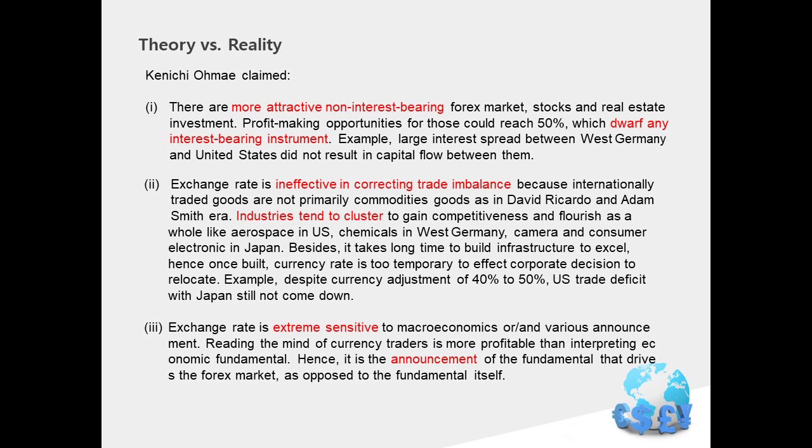2. Exchange rate is ineffective in correcting trade imbalance, because internationally traded goods are not primarily commodities goods, as in David Ricardo and Adam Smith era. Industries tend to cluster to gain competitiveness and flourish as a whole, like aerospace in United States, chemicals in West Germany, camera and consumer electronic in Japan.